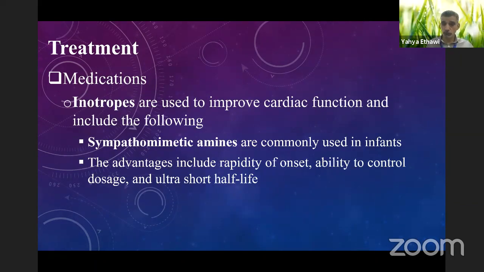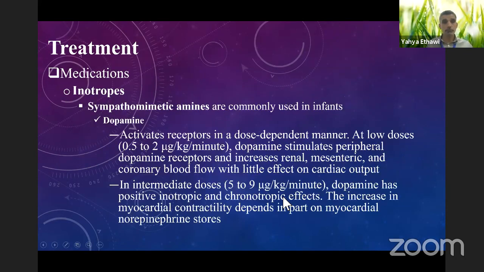Now the inotropes, to improve the cardiac function. I will have a session on inotropes only, but there are many types of inotropes that we can use. The first is dopamine. This is dose dependent.